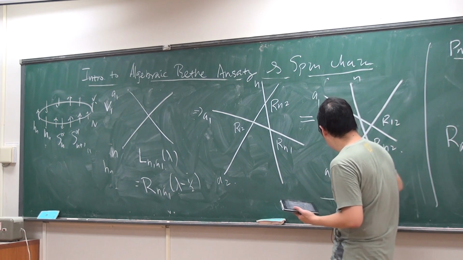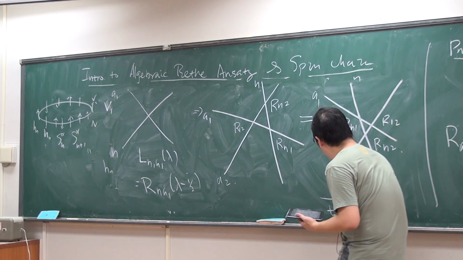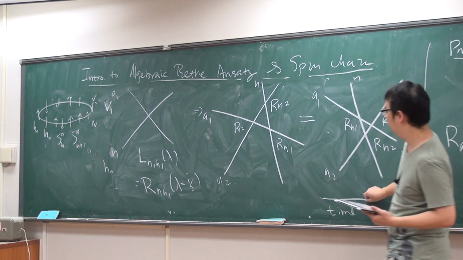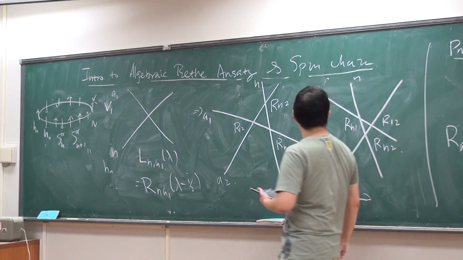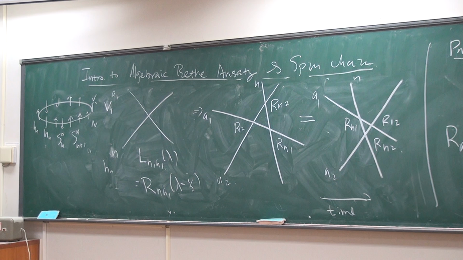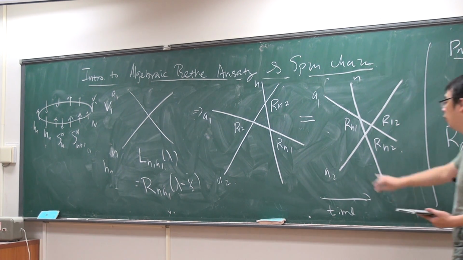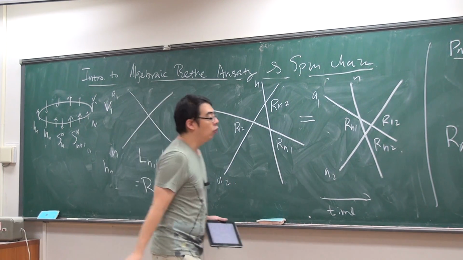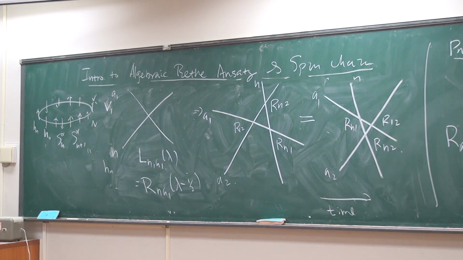Each of those vertices, in time, goes this way. So each of those is basically R_nA1(lambda - I/2), and this will be something like R_nA2(mu - I/2). You can also rewrite those in terms of the R's, but the ordering in this commutation relation matters.